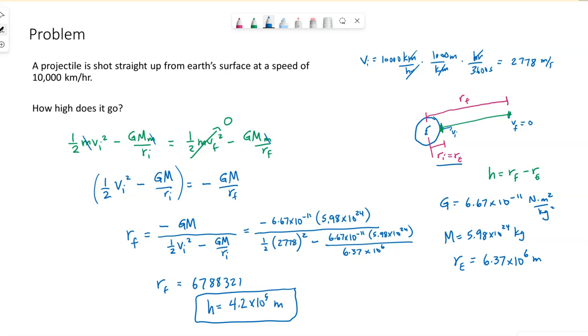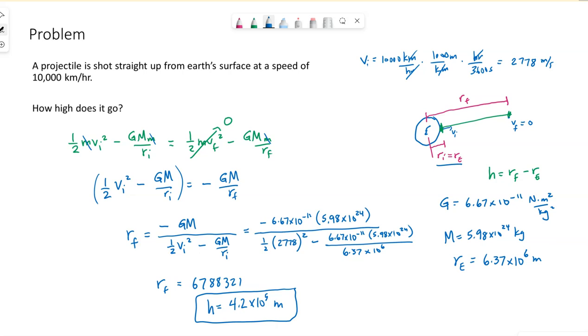So it goes pretty high. Now, of course, setting the mechanical energy initially equal to the mechanical energy finally is also making the assumption that there's no air resistance, which would certainly not be the case. But it gives us somewhat of an idea of how far the object can go.